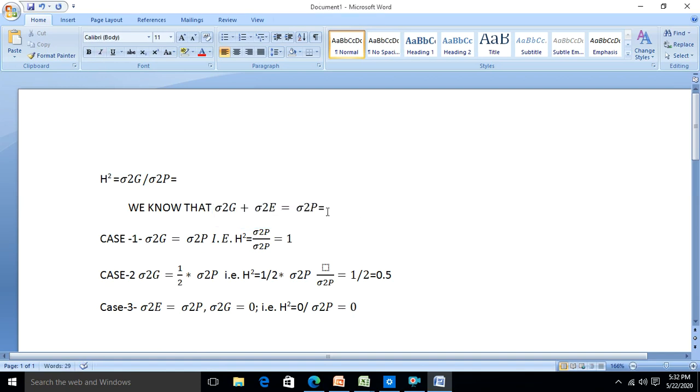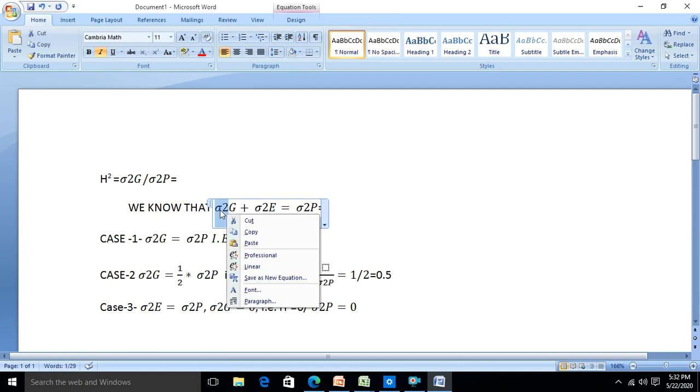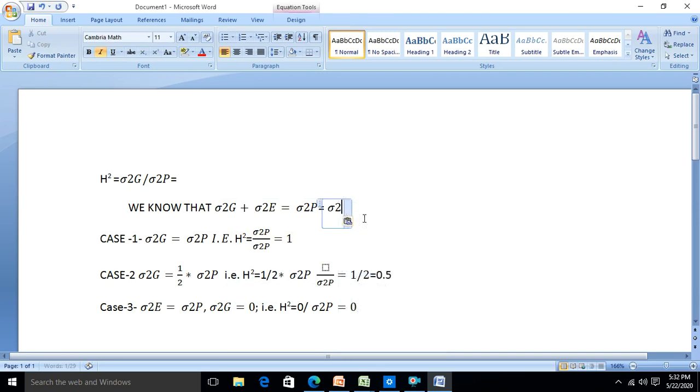Here only I can break it. It is broken into sigma square a plus sigma square d plus sigma square I. Well, I need not explain again that this A was due to additive gene effect, and D and I were due to non-additive effect of genes, and they are comparatively smaller.